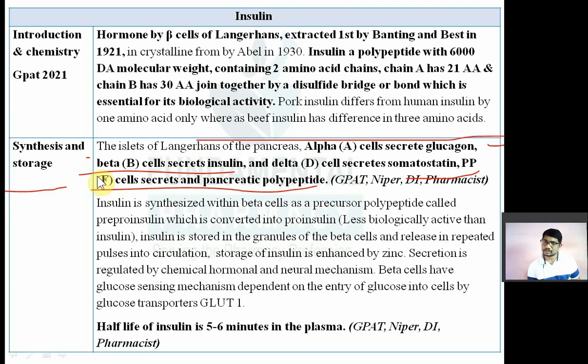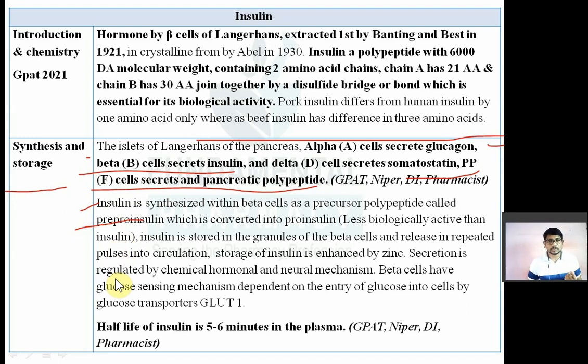Somatostatin is secreted by the D type of cell. Pancreatic polypeptide is secreted by the PP cell. Insulin is synthesized in the beta cells of Langerhans in the form of a polypeptide known as pre-pro-insulin.